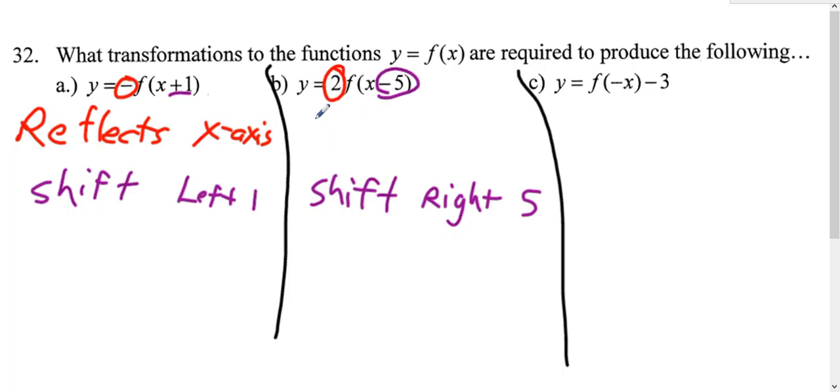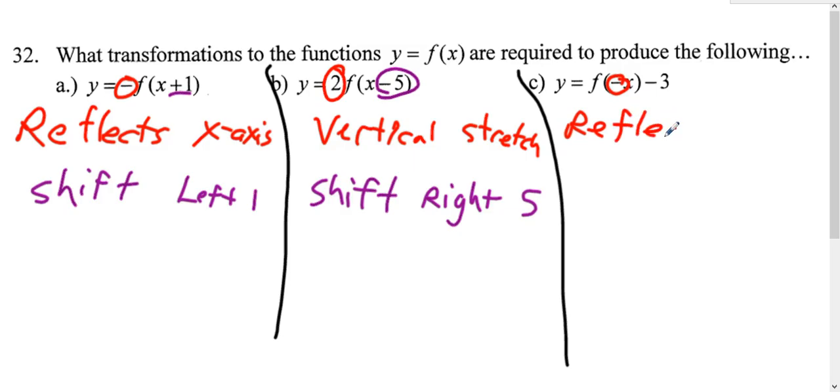The 2 is a vertical stretch. Now we have a negative on the x, which reflects, since it's on the x, it reflects over the y-axis.